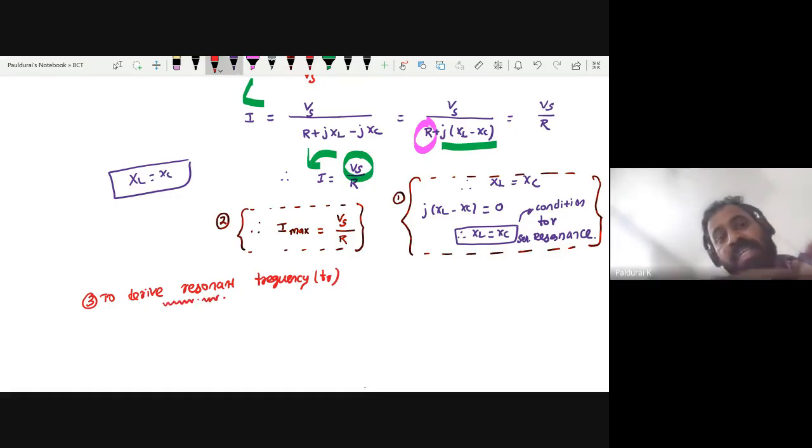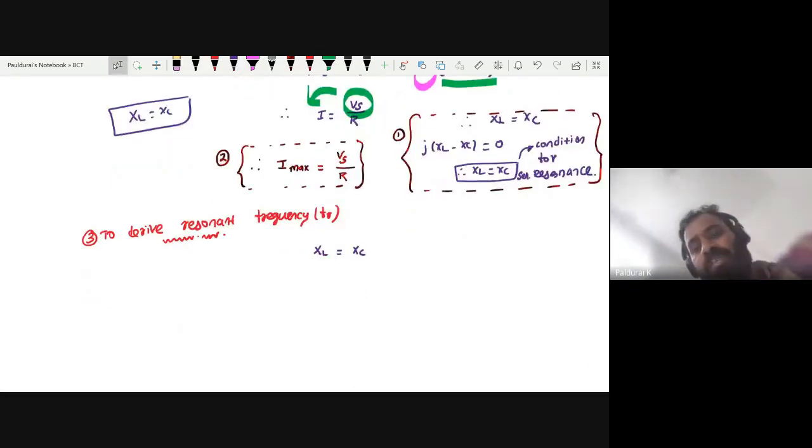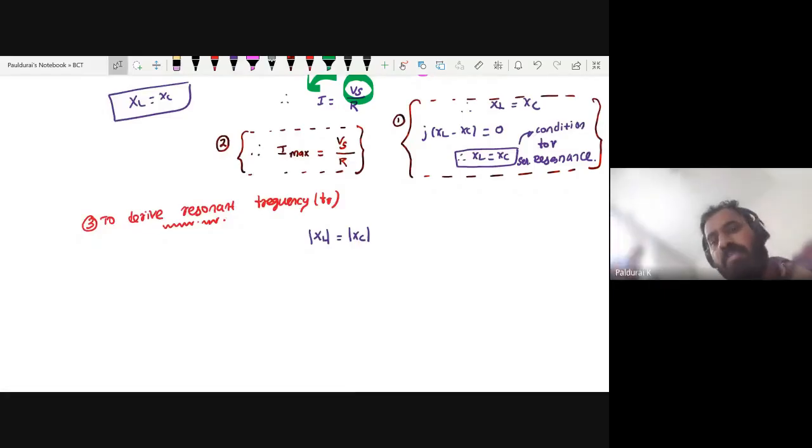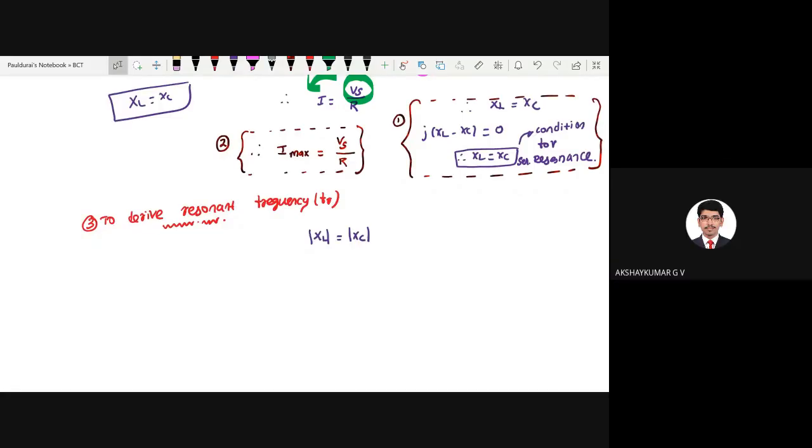What is the condition for resonance? XL equal to XC. What is the formula for XL? Actually, the condition is the magnitude of XL equal to the magnitude of XC. The reactance offered by the inductor, take the magnitude, equals the reactance offered by the capacitor. What is the reactance offered by the capacitor and inductor?